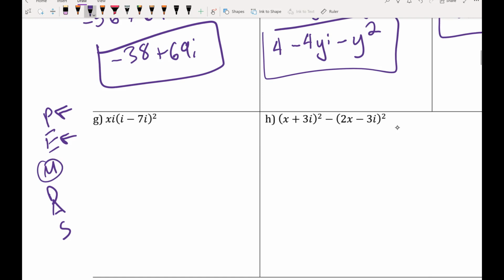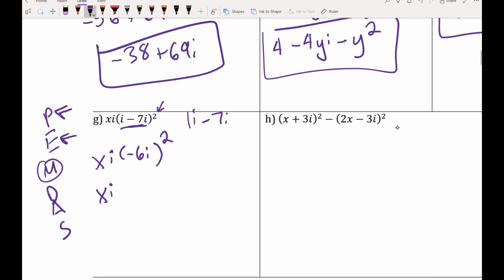So I'm going to have to think about maybe doing something in here, or if I really wanted to, trying to deal with that exponent. But if I'm looking inside the parentheses, i minus 7i, those are both like terms. 1i minus 7i is just negative 6i. And now this looks like something we could deal with.